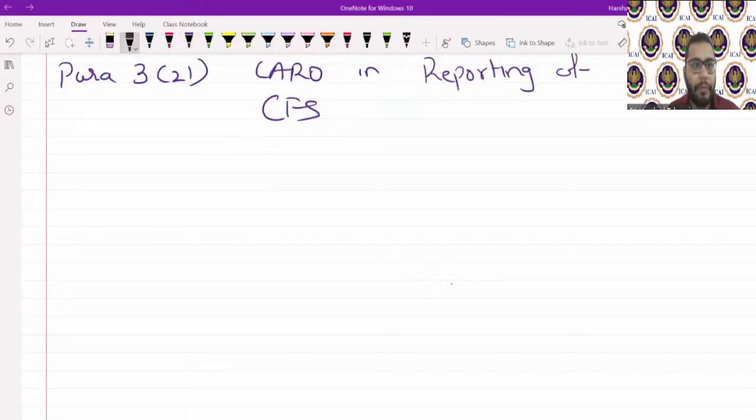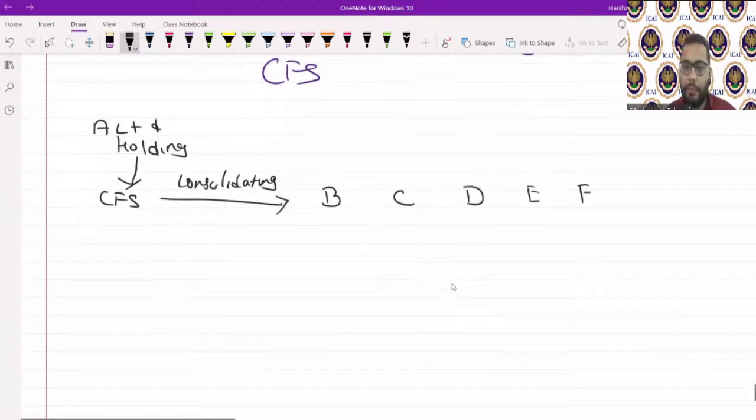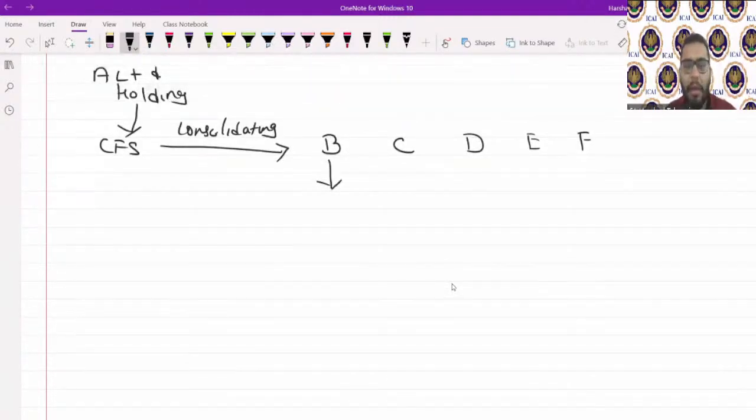These things I'm required to provide over here under this clause. So let's say, for example, A Limited is a holding company and it is preparing consolidated financial statements. It is consolidating B, C, D, E, F. Now let's say under B, 3.1.2 and 3.1.3 are the qualifications.